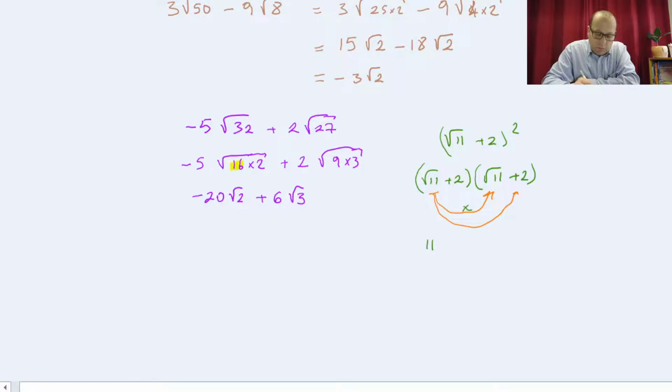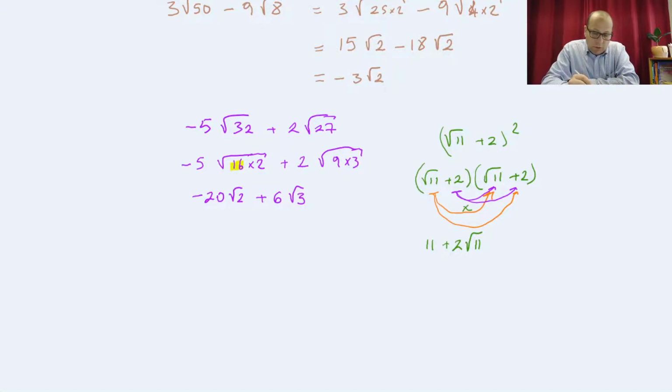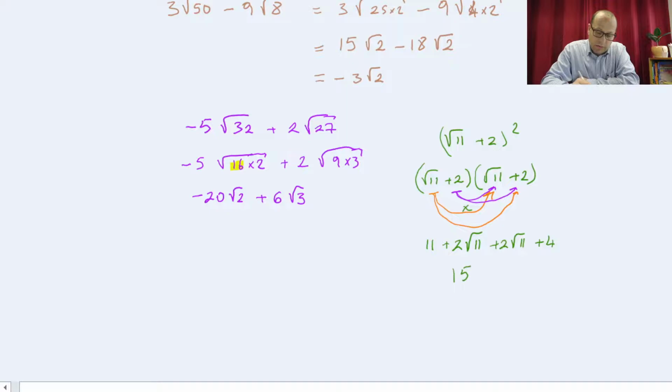Root 11 times 2, 2 root 11. Now the next part, multiply there and there: 2 times root 11, just 2 root 11. 2 times 2, 4. 11 plus 4 is 15, plus 2 root 11, add 2 root 11, 4 root 11.